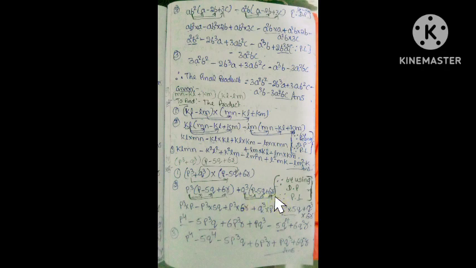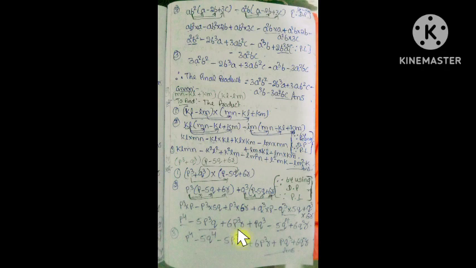Next step. Here P into P cube is P to the power of 4. Both bases are the same, so we can add the exponents only. Next, PQ into 5Q cube, so 5 P to the power of 3 into Q, plus 6 PQ into R, 6PQR.